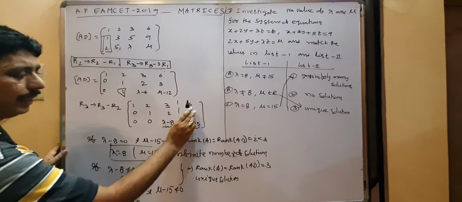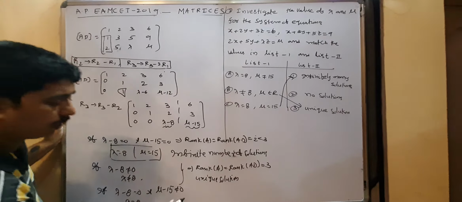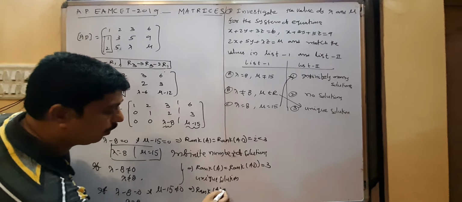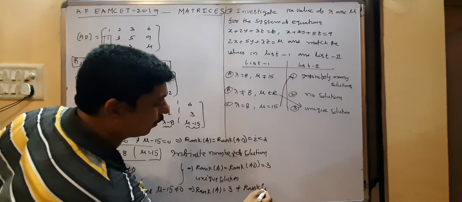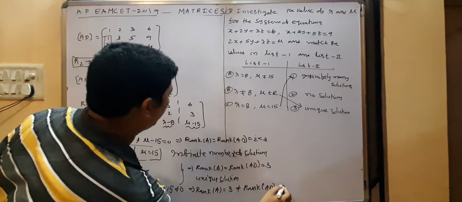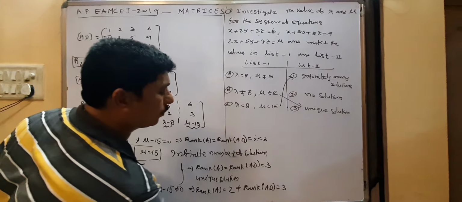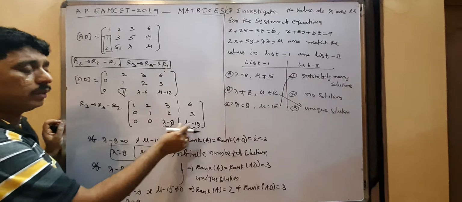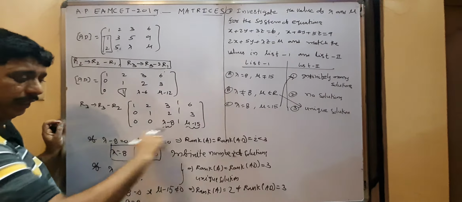In that case rank of A is 2 but rank of AD is 3.